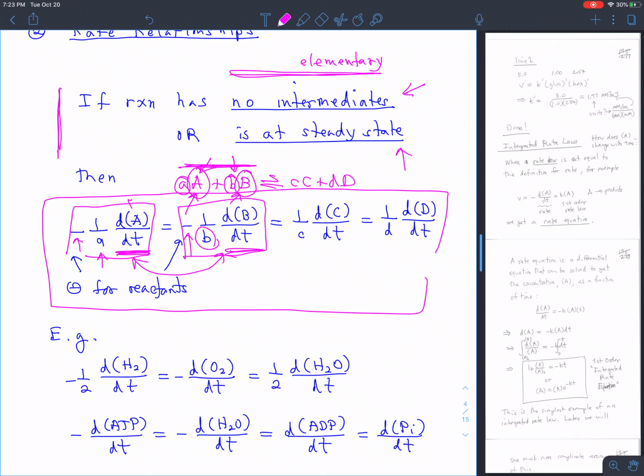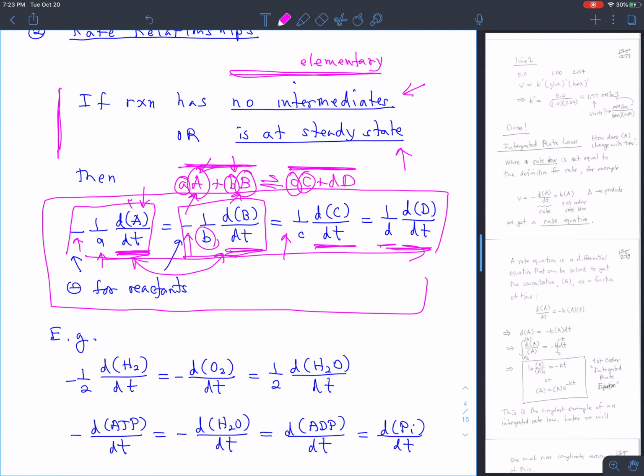And likewise over here on C, now notice no minus sign because these are products. Reactants get minus signs, products don't. I divide by the stoichiometric coefficient though still, and then I take the rate of change for C, and I can do the same thing over here for D. The stoichiometry says that all these rates are related to each other.